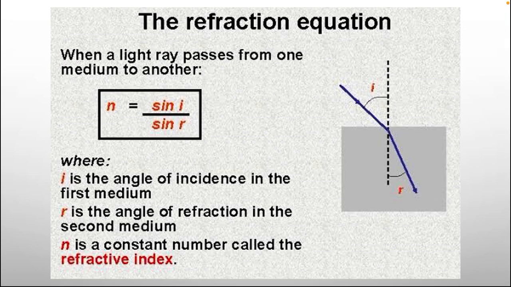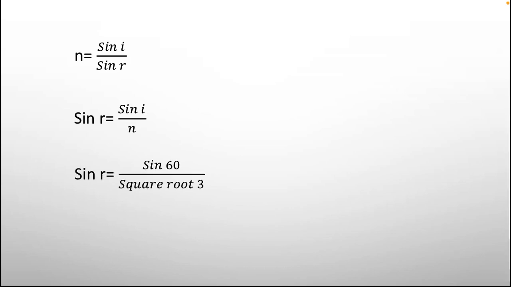So the refraction equation: when a light ray passes from one medium to another, the formula is n, the refractive index, equals sine i over sine r, where i is the angle of incidence in the first medium, and r is the angle of refraction in the second medium. We can also exchange the places of n and sine r because the value is given for n.